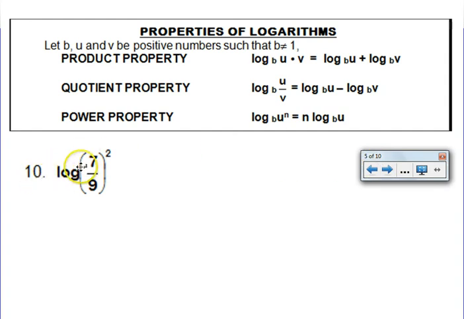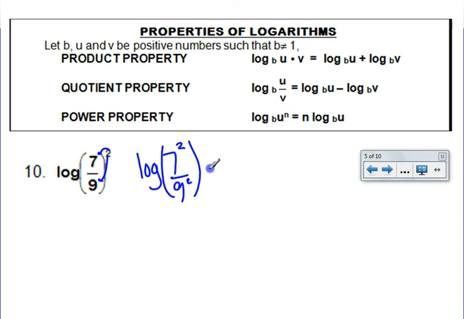Okay, number 10. We've got log of 7/9 raised to the second power. Now you could do this a couple different ways. You could distribute the 2, or you could bring the 2 down in front right away. I'm actually going to go ahead and distribute the 2, and I'm not going to simplify. So we've got log of 7 squared over 9 squared. And now I'm going to break apart the division problem.